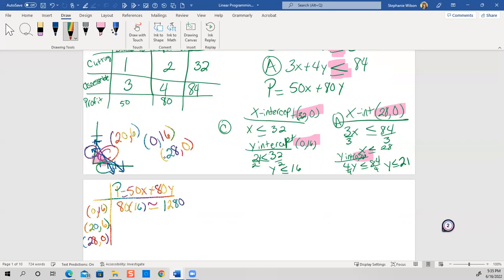Okay, now I got 20 for x plus 6 for y. So we get 1480. Now I got 28 for x and 0 for y.